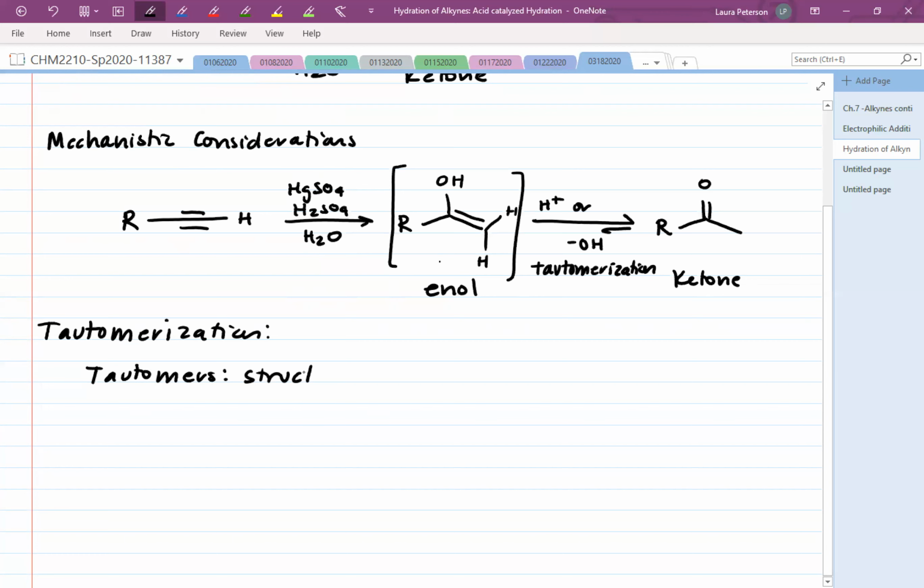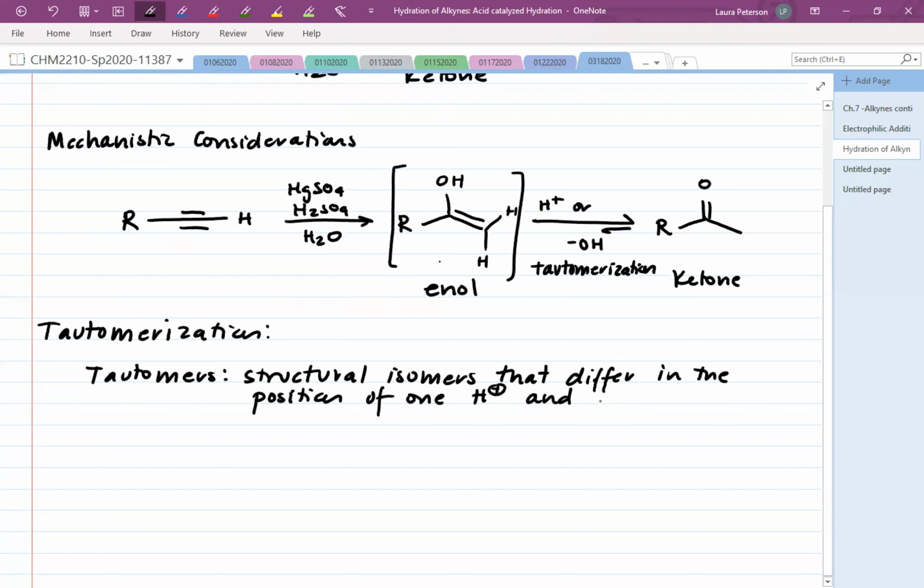Tautomers are structural isomers. Remember, different atom connectivity, same molecular formula. They are structural isomers that differ in the position of one proton and one double bond.